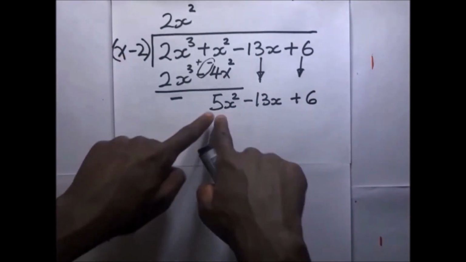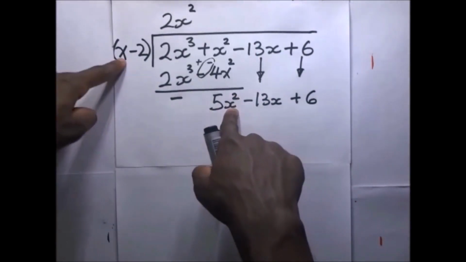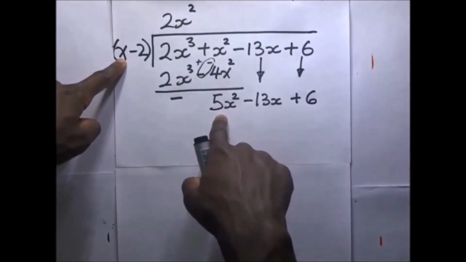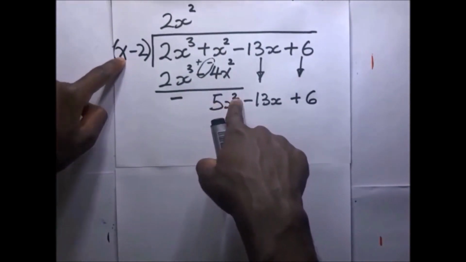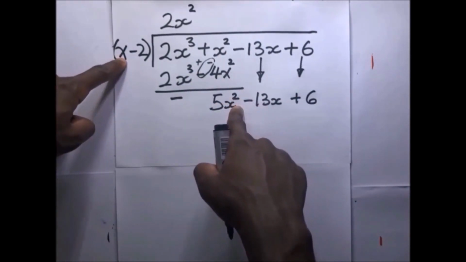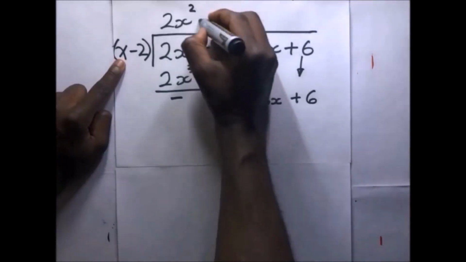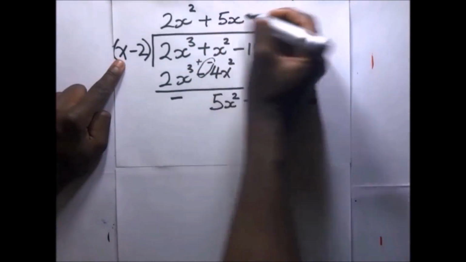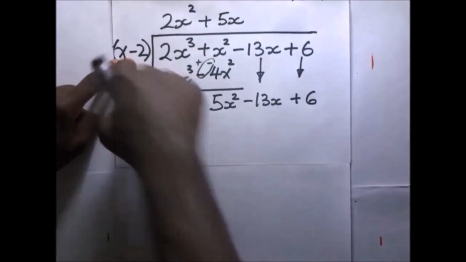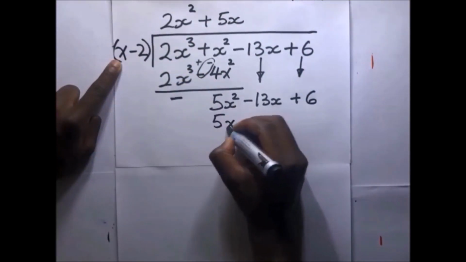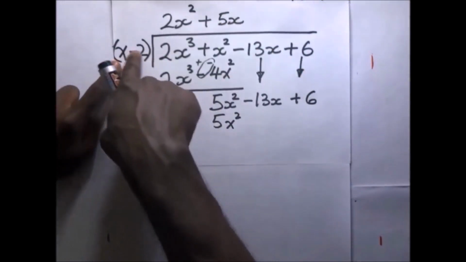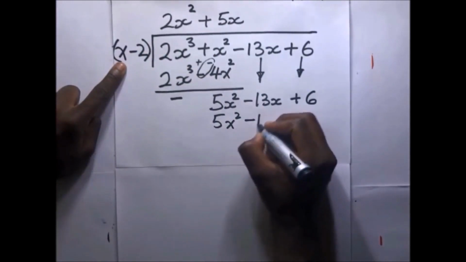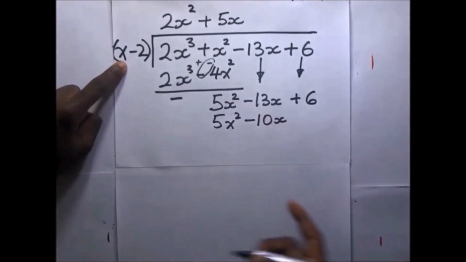We continue. 5x squared, divide that by x, you'll end up with 5x. So it becomes plus 5x. 5x times x will give us 5x squared. Then 5x times negative 2 will give us negative 10x.